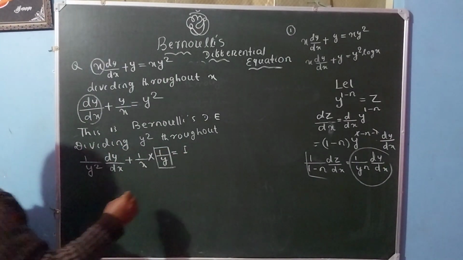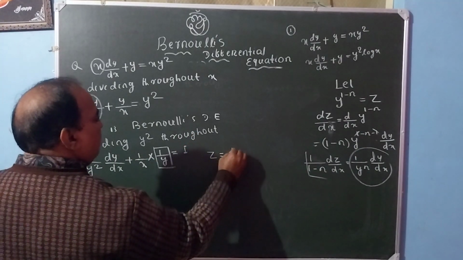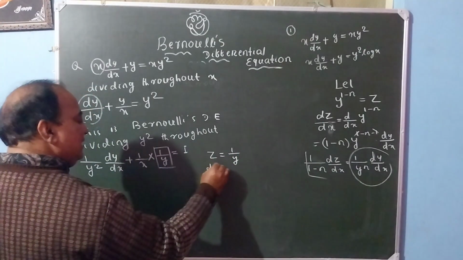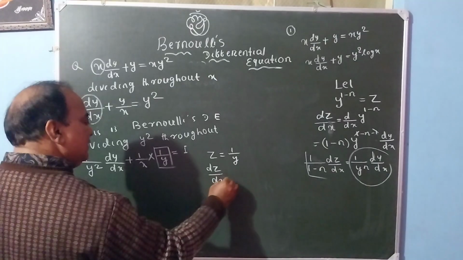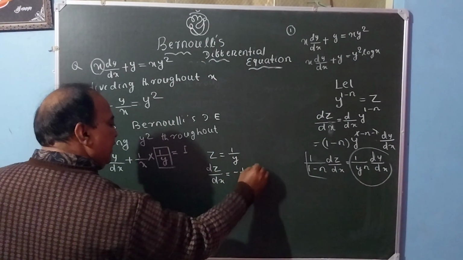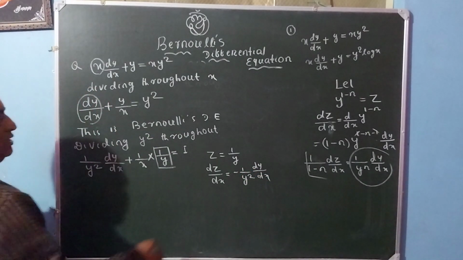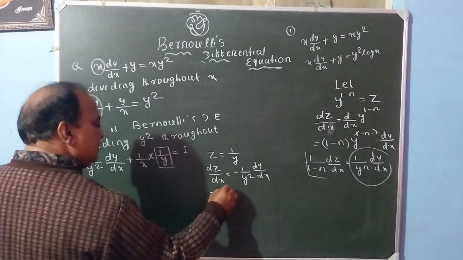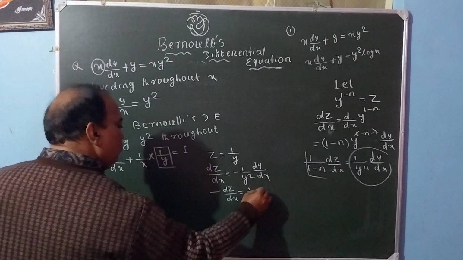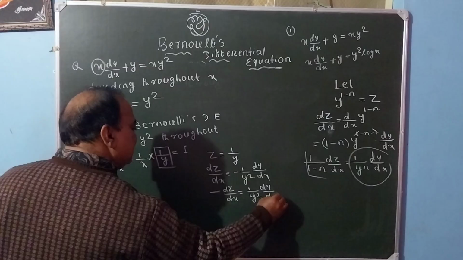Write down z is equal to 1 by y. dz/dx is minus 1 by y square into dy/dx. So minus dz/dx is equal to 1 by y square into dy/dx.